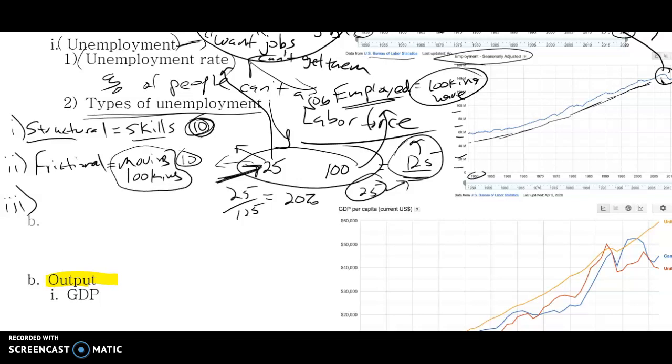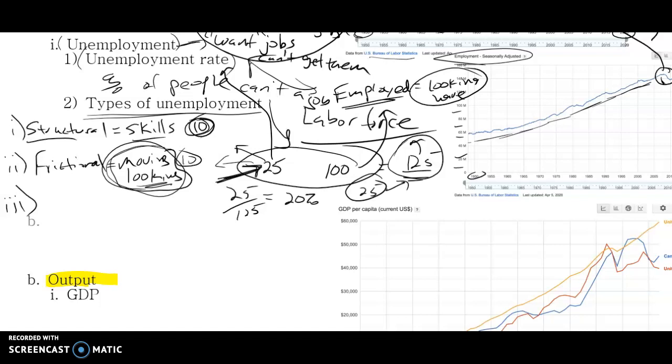It's not necessarily a bad thing, but they're moving from one job to another. They quit their job because they want a better, higher paying job. They have the skills, they're going to take a job eventually, but they're just looking. They're job shopping. And in the job shopping process, they're unemployed.